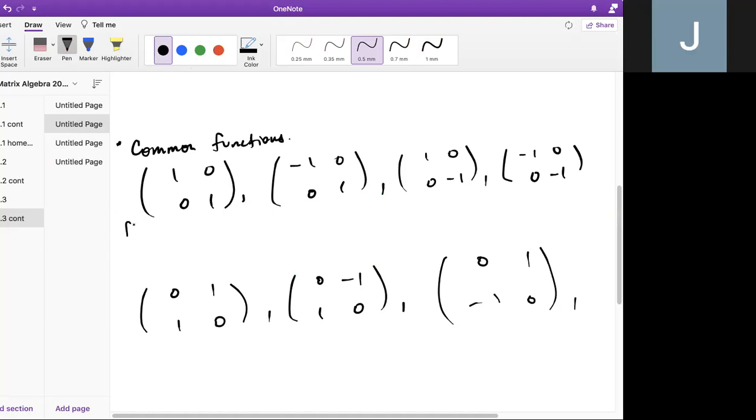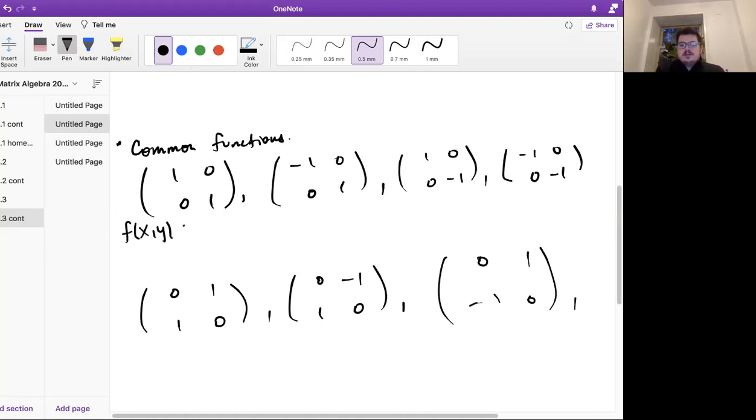Can someone say what f of xy is going to be here? The matrix represents the coefficients of the variables in each coordinate. So what do you think this first matrix is going to be? Just xy, yeah. Does anybody know what this function is called? Well, how about this? What does this function do?